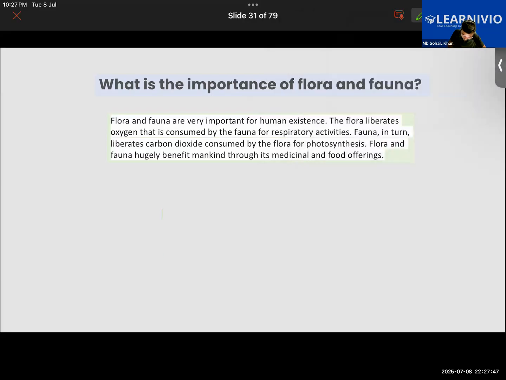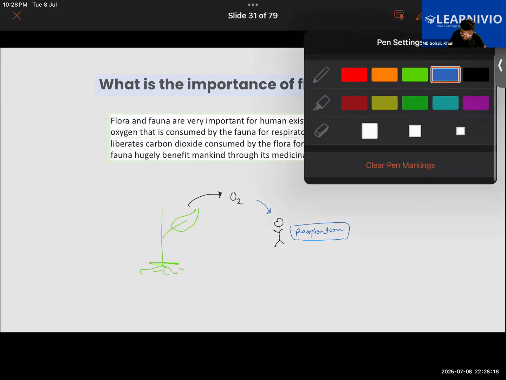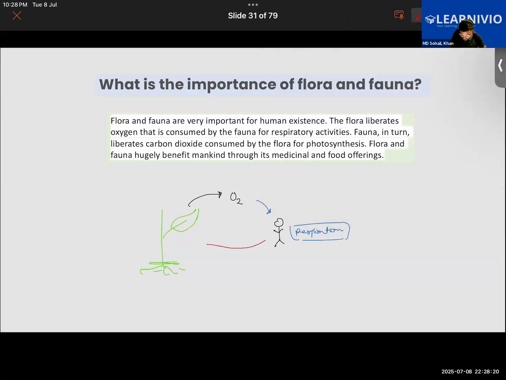See, basically, the plants are liberating oxygen into the atmosphere, right? And we animals, like we humans, even we are considered animals only. We fit under the definition of animals. So we are taking in the oxygen for carrying out respiration. And what are the products of respiration? Tell me. Carbon dioxide.